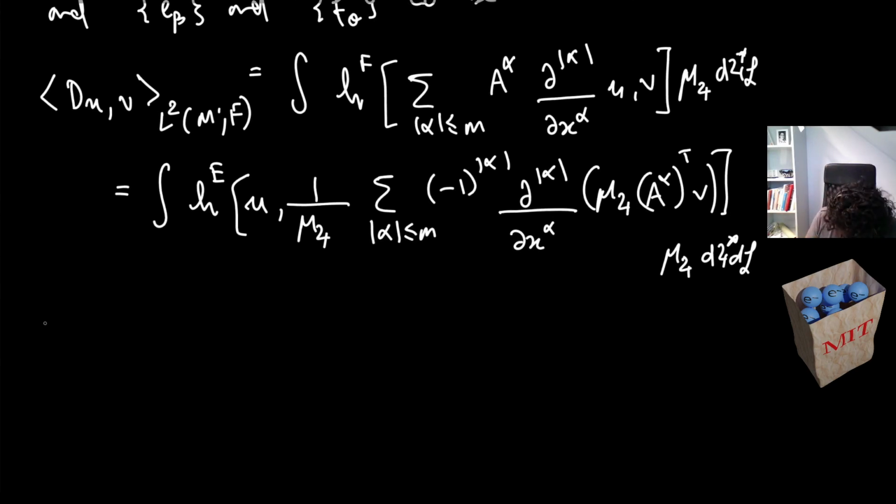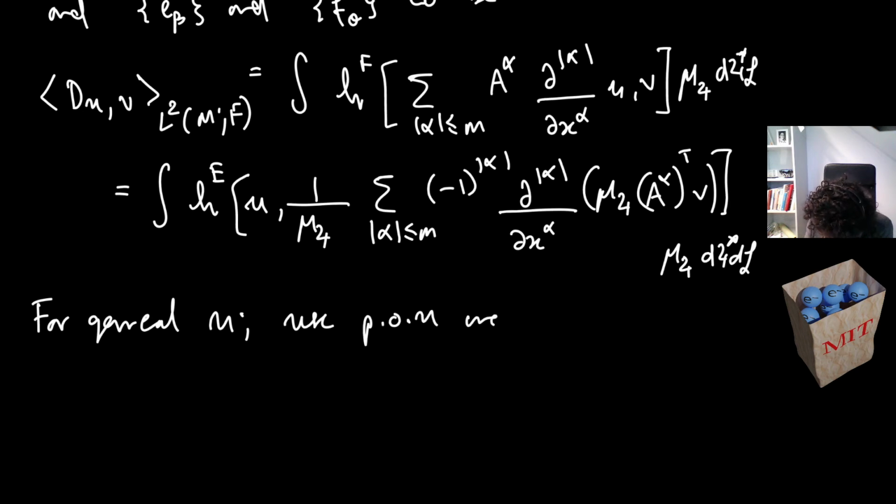So for a general U, we just do as before, use partition of unity and patch. So the whole point is that when we do this partition of unity and patch, all of the unnecessary terms get absorbed into the lower order parts, right? So derivatives hitting the partition of unity will just become part of the lower order terms.